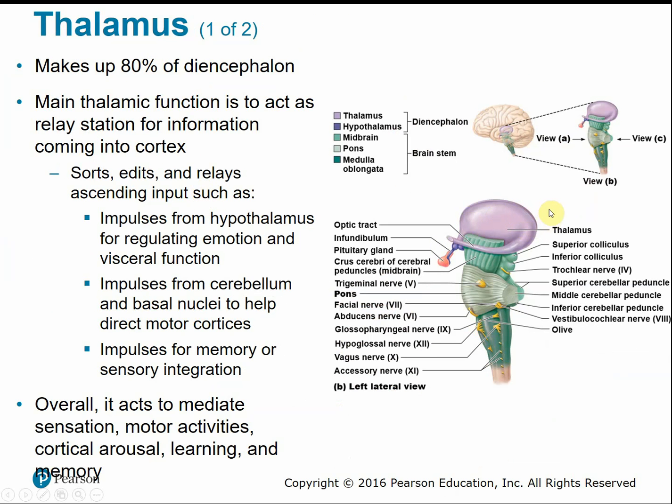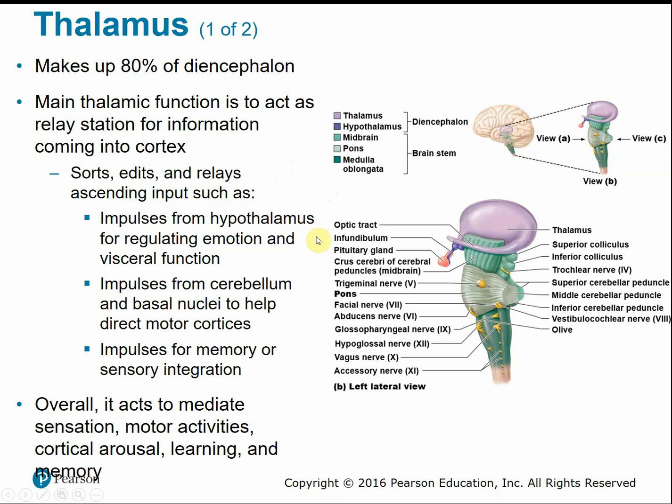The thalamus makes up about 80% or the majority of the diencephalon. Its main function is to act as a relay station for all of this incoming information from the cortex, the outer portion of the conscious brain. It helps to sort, edit, and relay all of this input.